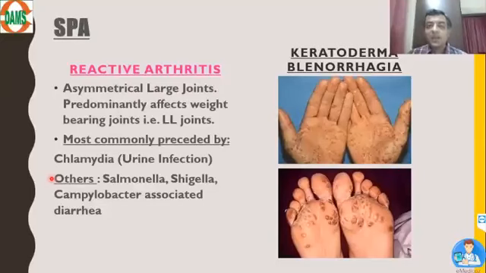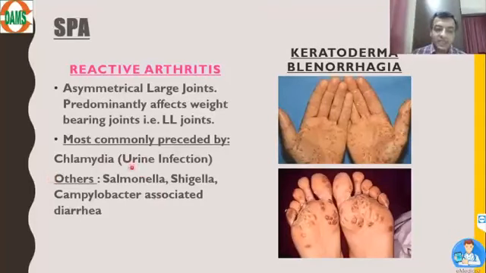So the update is, any SPA, any joint problem which comes with a preceding history of diarrhea is called enteropathic arthropathy. More often than not, enteropathic arthropathy is IBD associated arthropathy.